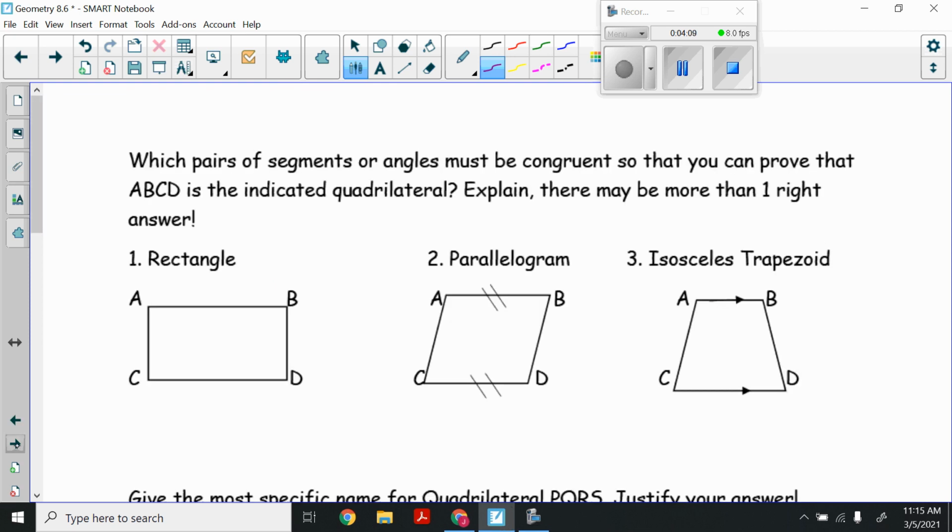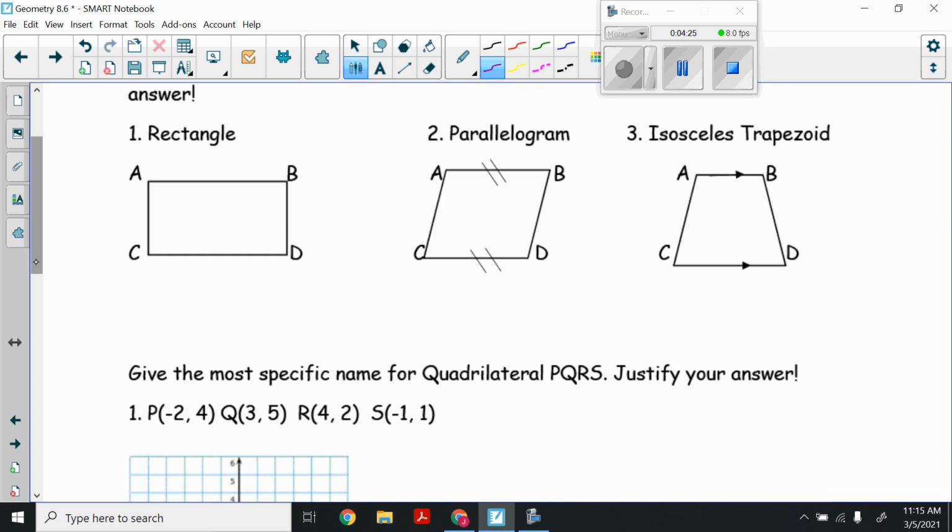Great, so let's flip it over. Which pairs of segments or angles must be congruent so that you can prove that ABCD is the indicated quadrilateral? And explain. There may be more than one right answer. So a rectangle: if I was going to prove that this was a rectangle, what would I need? I would need to know that AB is congruent to CD, and AD congruent to BC. Or I would need to know that AC is congruent to BD, that my diagonals are congruent.